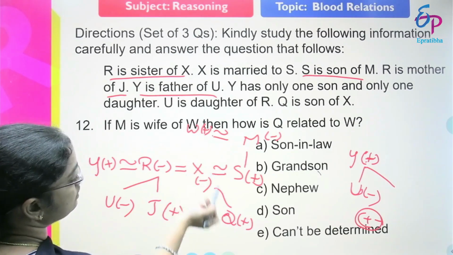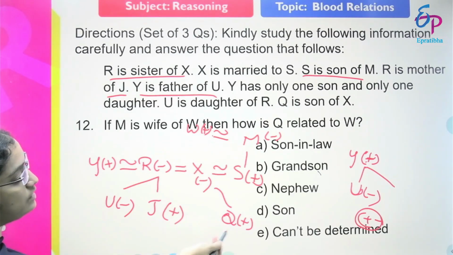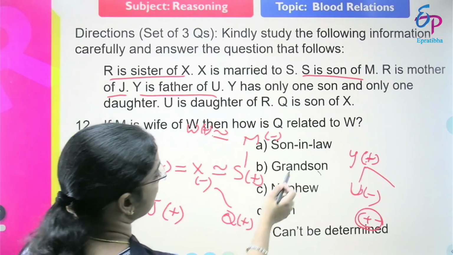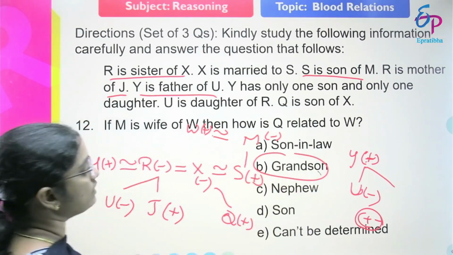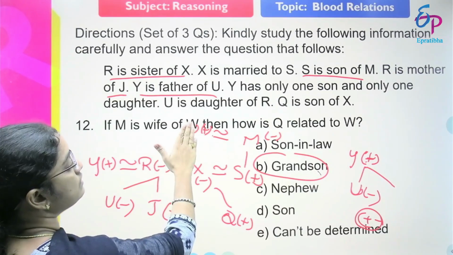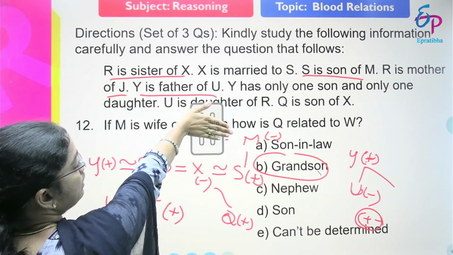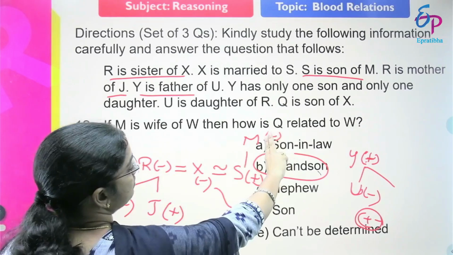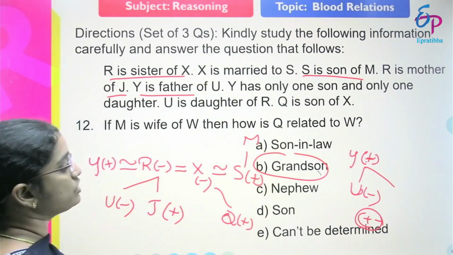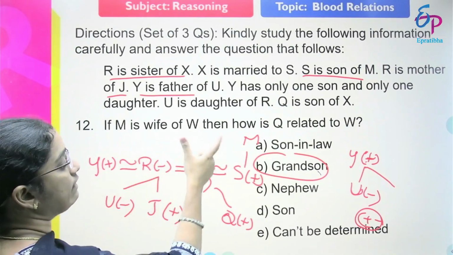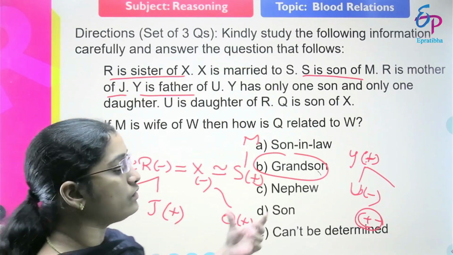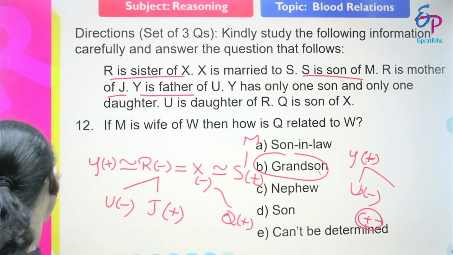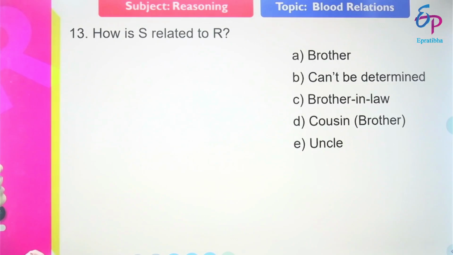Q is a grandchild and the gender is male, so Q is grandson of W. This is the consideration, since we don't know the exact information. So the answer is grandson. Then move to the next question; we are not using that information for our next questions.